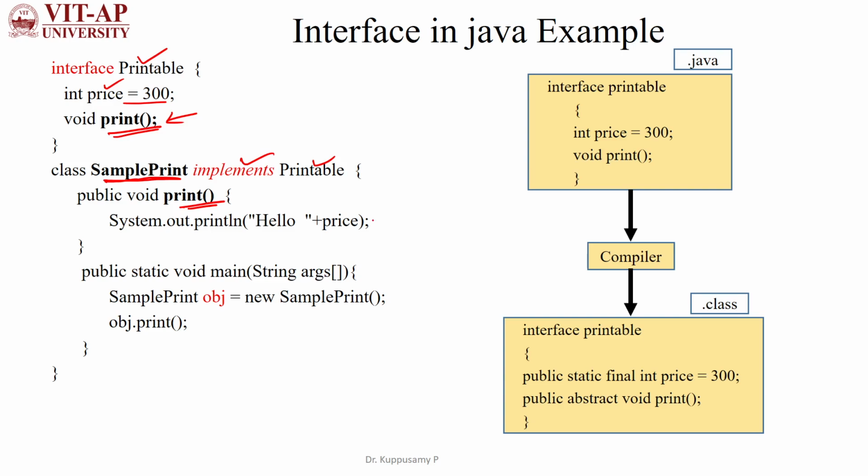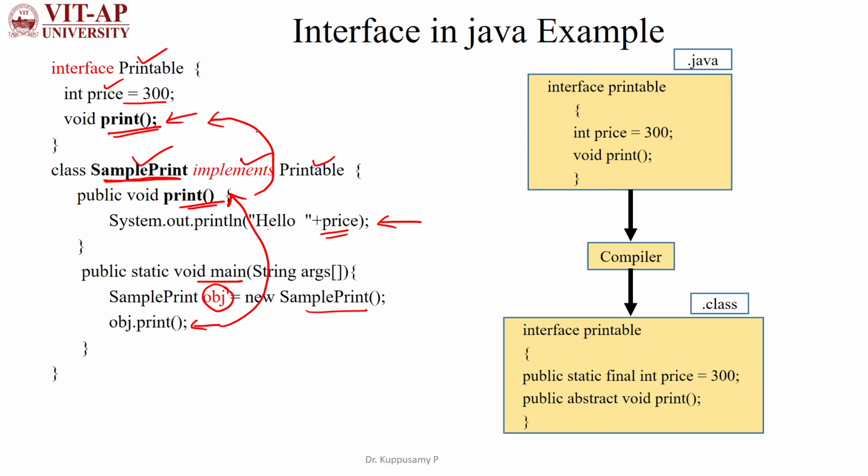The method is defined here with a single statement, hello, then the price is printed. Then in the main method, we are creating the object by using the sample print class, then we are invoking the method print. So when the method is invoked, the execution control will go here, then it is overriding the abstract method in the interface.